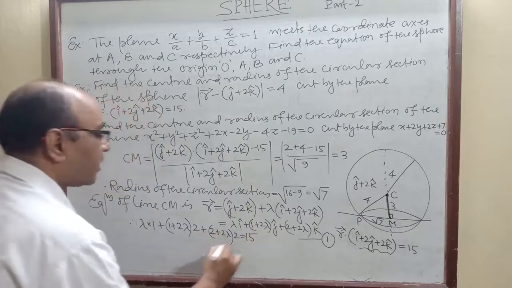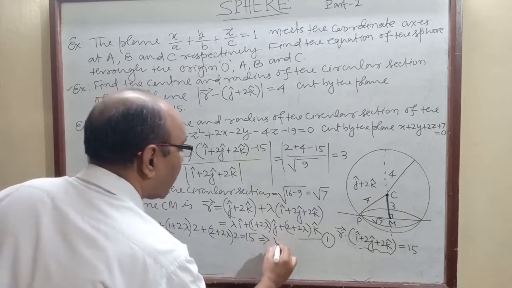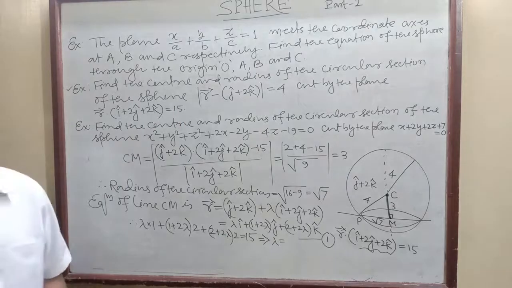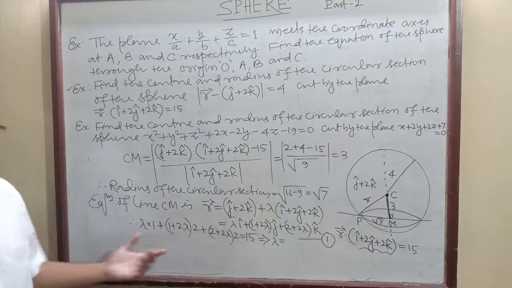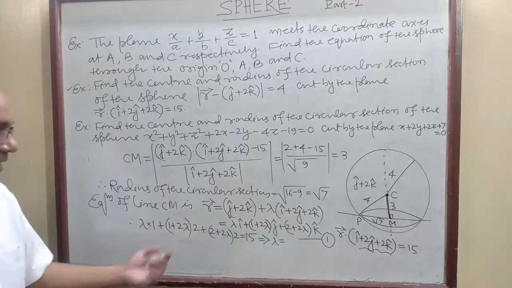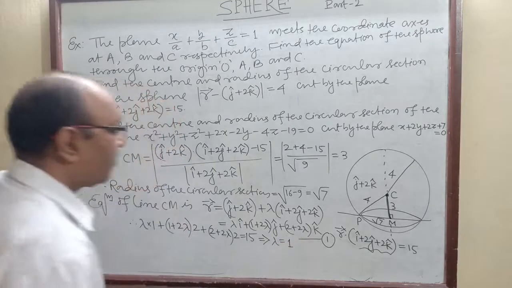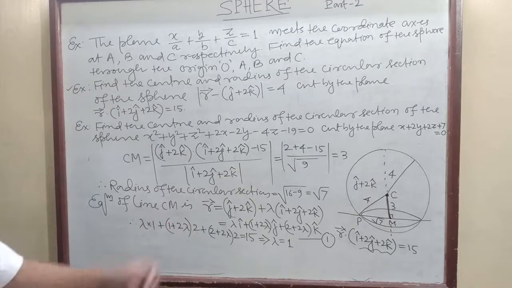From here, after solving, you will find the value of lambda. What will come? I think 1. You will solve this equation and find lambda equal to 1. Easily you can find lambda.